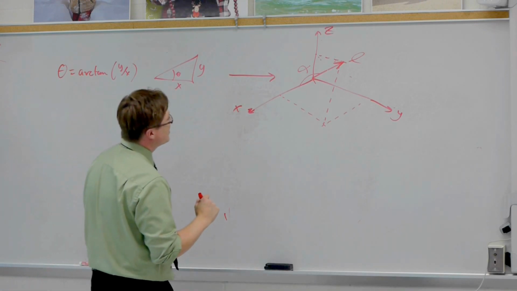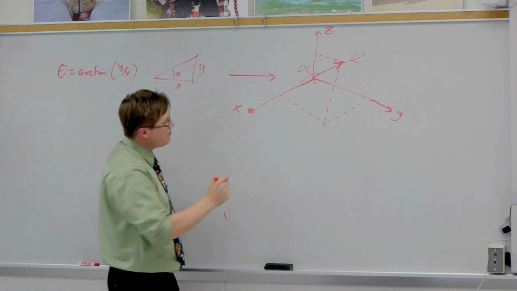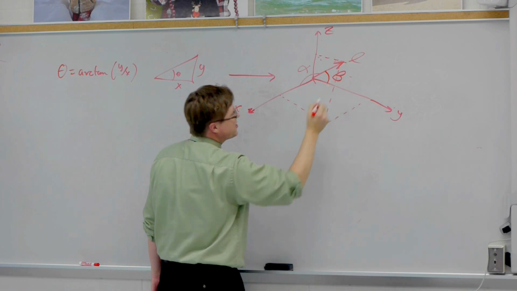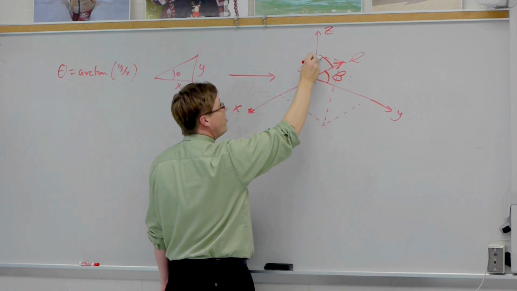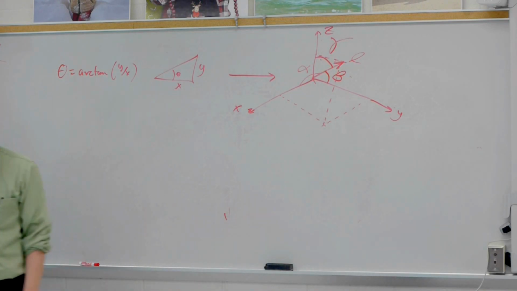I can also measure the angle to the y-axis, call that beta, and the angle to the z-axis, and that's gamma.